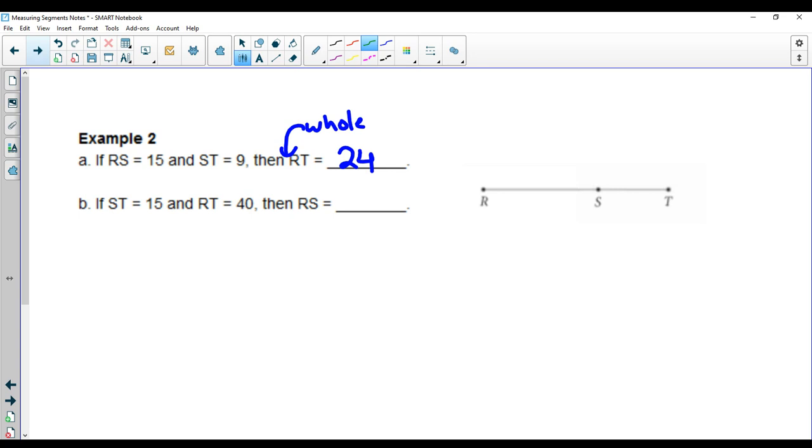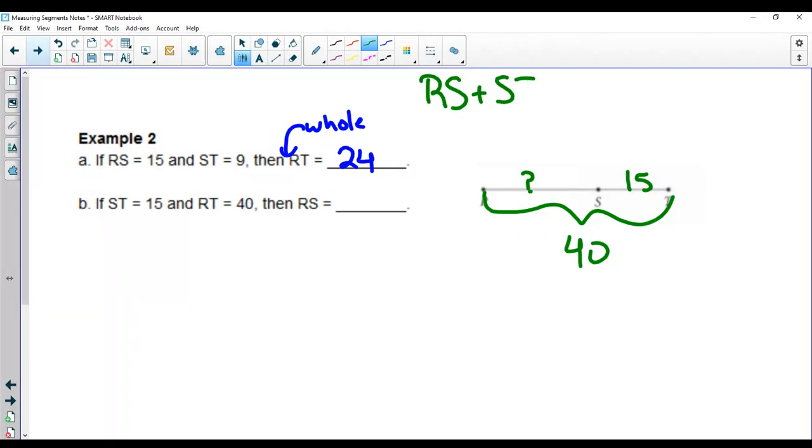ST is 15, so S to T is going to be 15. RT, what's RT? RT is the whole thing. We want RS. Well, again, RS plus ST equals RT. Plug in what you know.